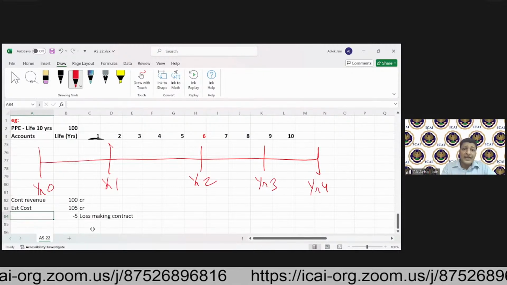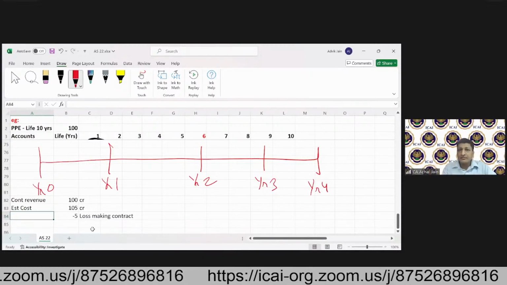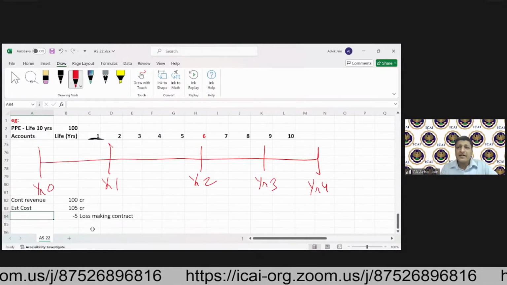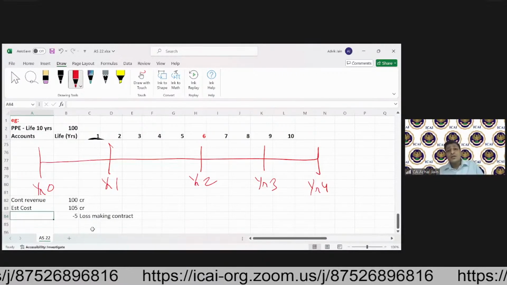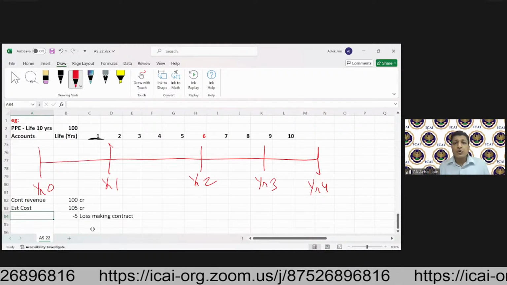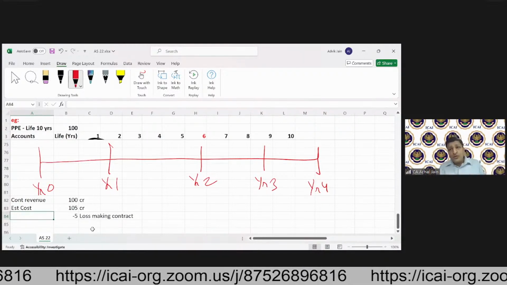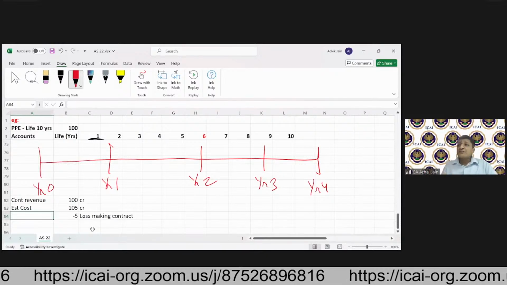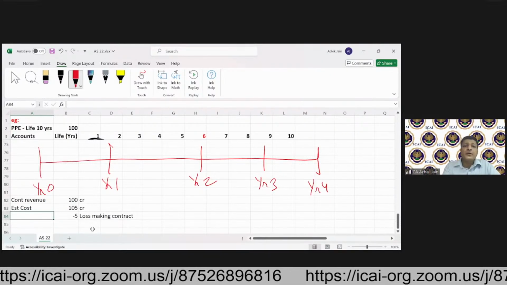So in a way, even though when we start the project we understand this will result into a loss, because this revenue is going to get recognized over the period of the contract, this cost will be spread out over the period of the contract. So technically, if you look at it, what is going to happen?